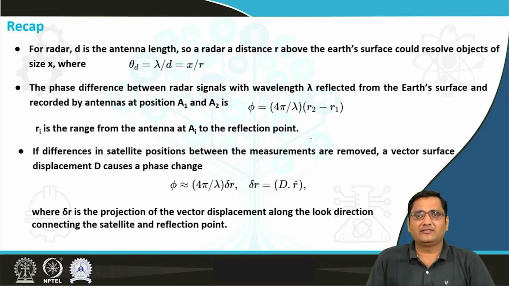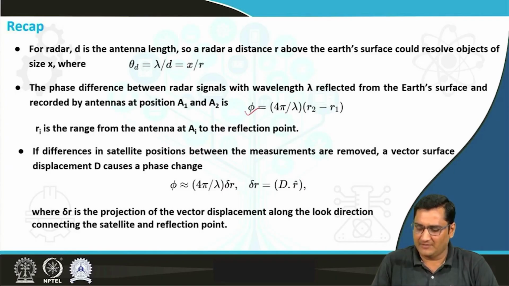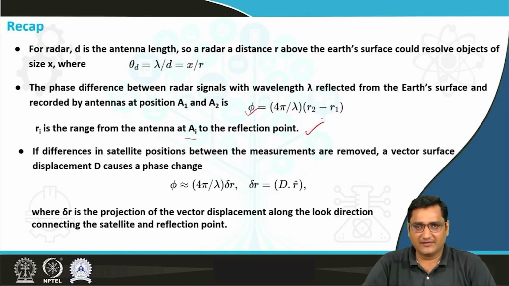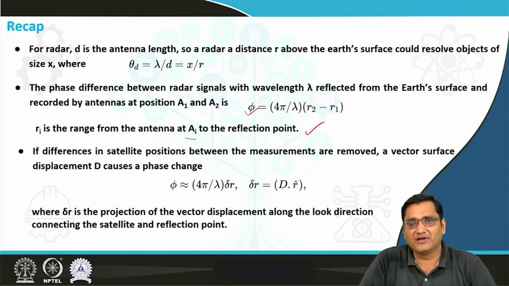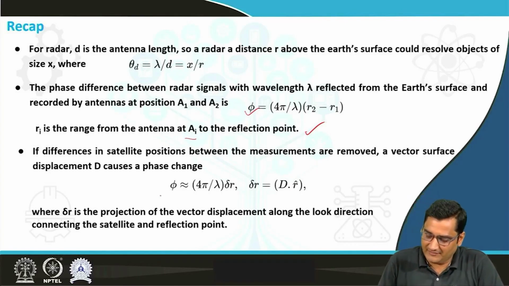The phase difference between the radar signals with wavelength lambda reflected from the Earth's surface and recorded by antennas at positions A1 and A2 is calculated by this formula, where phi is equal to 4 pi by lambda times (R2 minus R1), and Ri is the range from the antenna at Ai to the reflection point. If differences in satellite position between the measurements are removed, a vector surface displacement causes a phase change that will be approximately equal to 4 pi by lambda delta r.